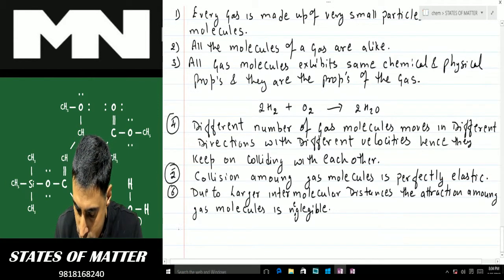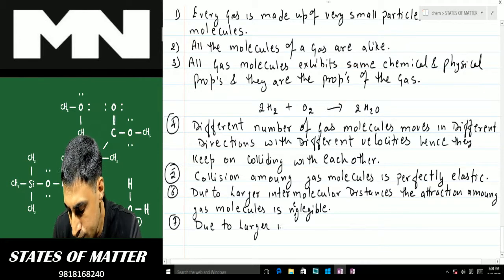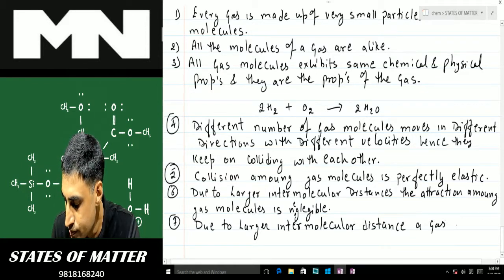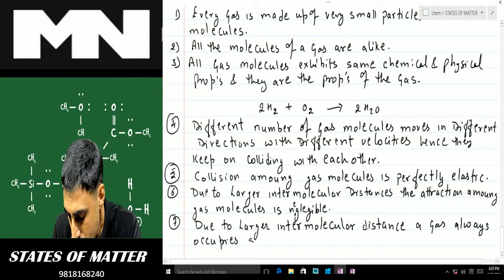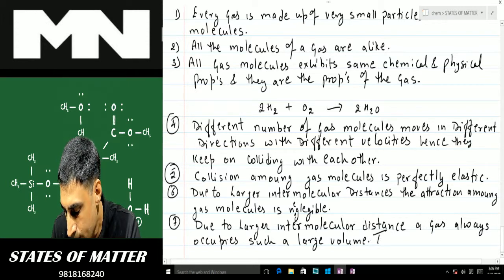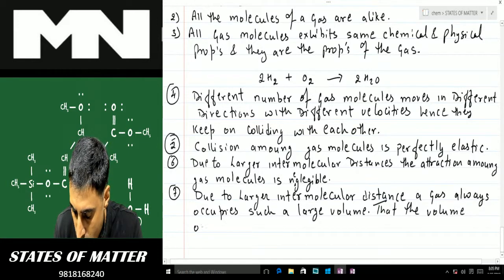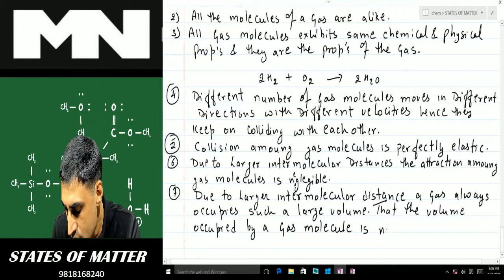Likewise, due to larger intermolecular distances, a gas always occupies such a large volume that the volume occupied by a gas molecule is negligible.